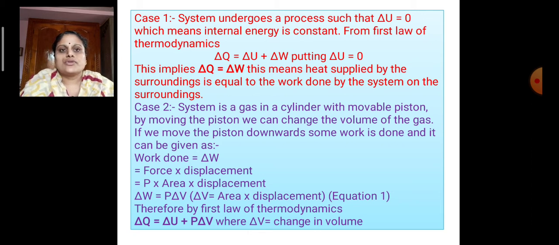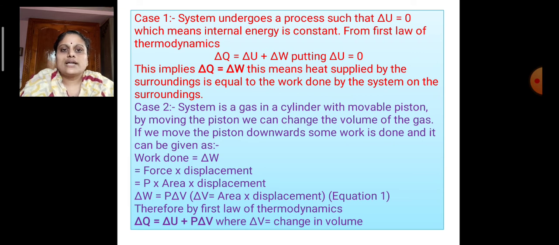Case 2. When the system is a gas in a cylinder with a movable piston, then by moving the piston, we can change the volume of the gas. If we move the piston downwards, some work is done, and work done can be written as delta W, which is force into displacement. Force can be replaced by pressure into area.